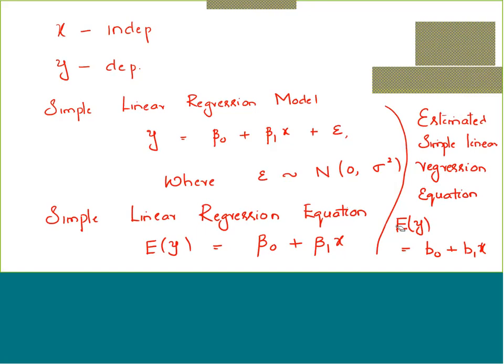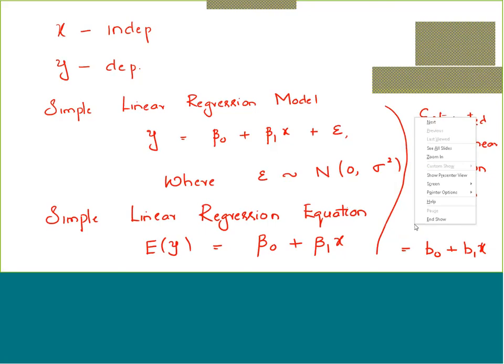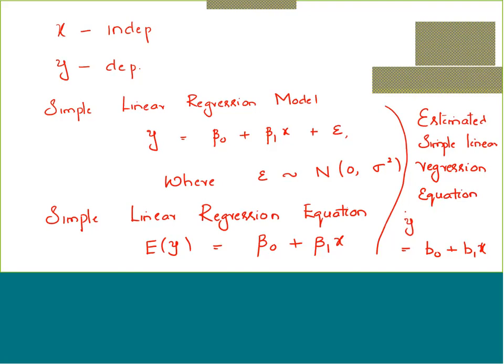This is y crown. So like that, we have done simple linear regression. For a given set of values x and y, we calculated b0 and b1 because we have formulae for them.